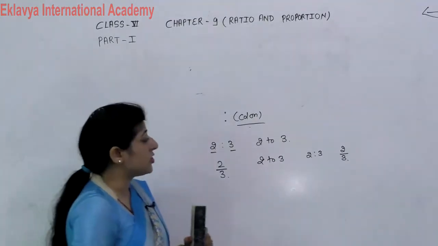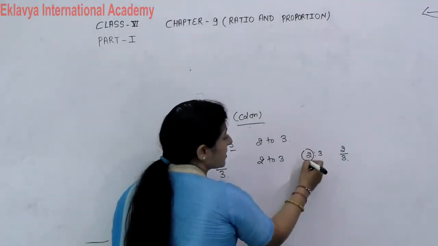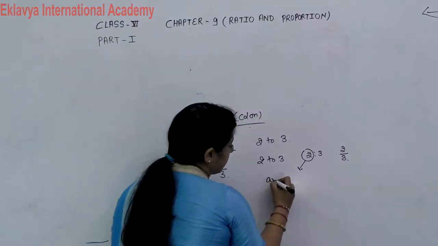In this ratio, your first term is called the antecedent.